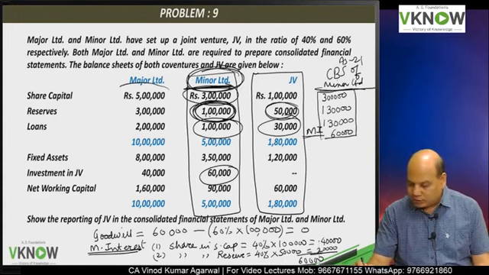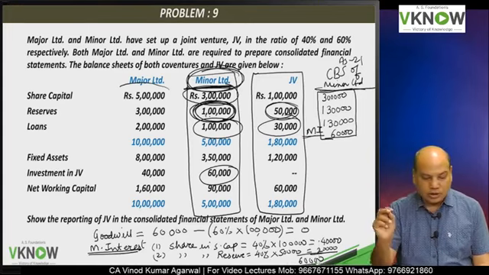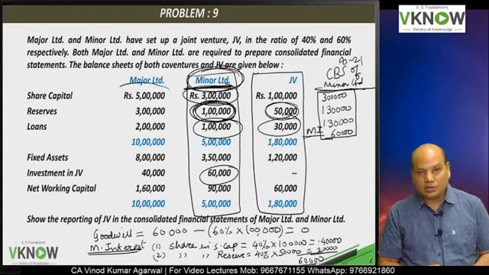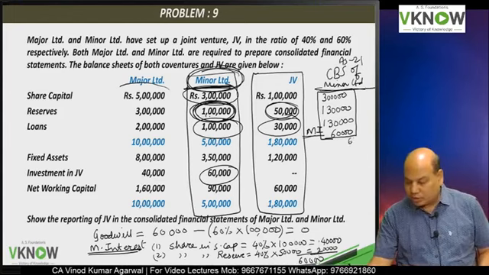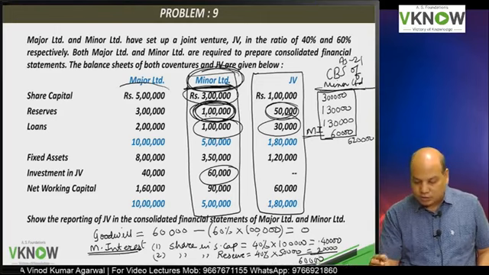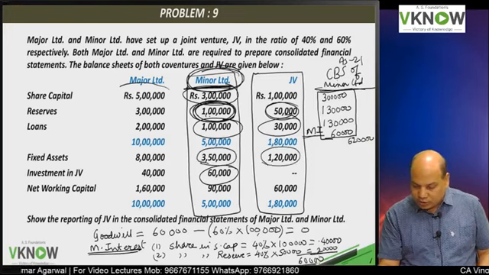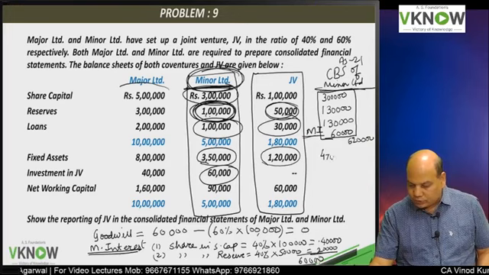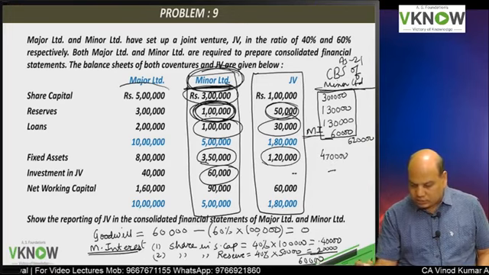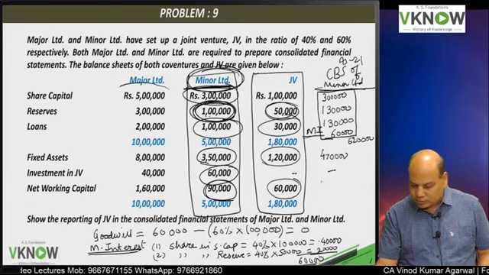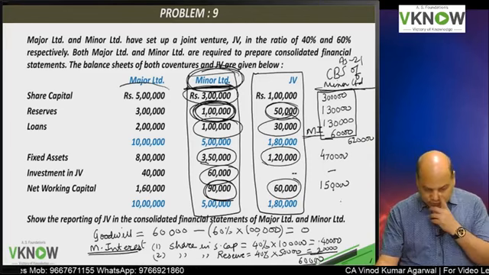Total of the liability side, take your calculator, 3 lakh plus 1,30,000 plus 1,30,000 plus 60,000, and that comes to 6,20,000. Very easy, I don't have to explain much. Fixed asset 3,50,000 plus 1,20,000, 4,70,000. Investment will not appear. 90,000 plus 60,000, net working capital 1,50,000.